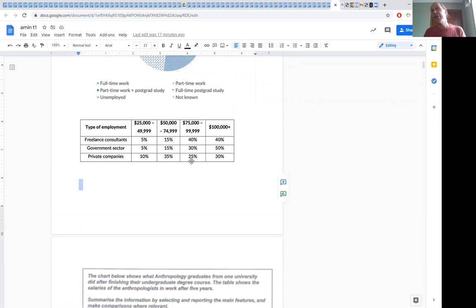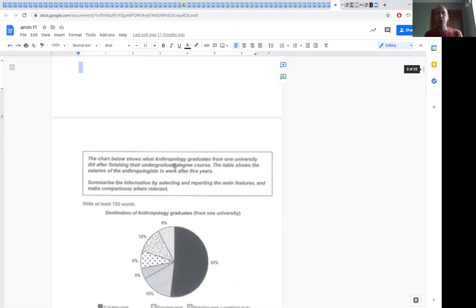So now if you're in anthropology, probably better to start up your own consultancy or work for the government. So anyways, that's a big difference that I see there, the difference between these two and this one.